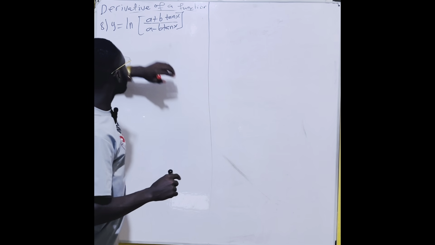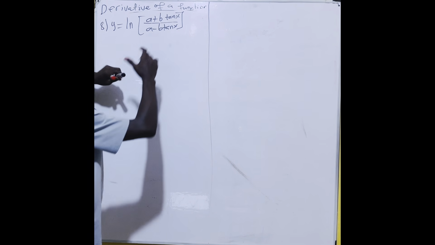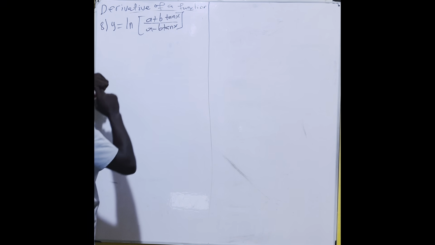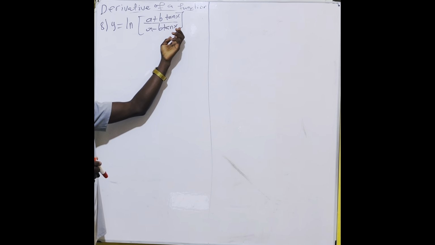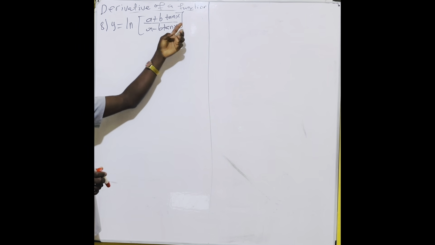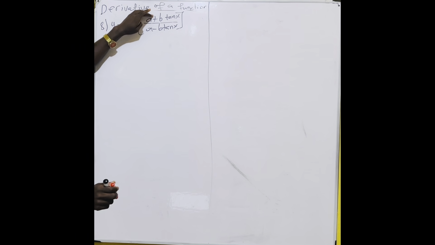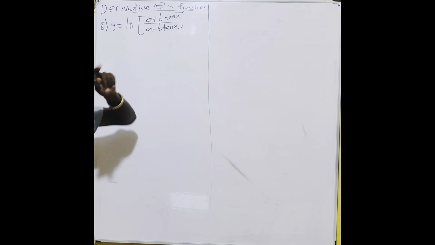So in here, we are going to take 1 over the whole of this function. Then we differentiate this right here, okay? And you know that before we can differentiate this, we have to use the quotient rule because we have two functions dividing each other, okay? Okay, so let's proceed.